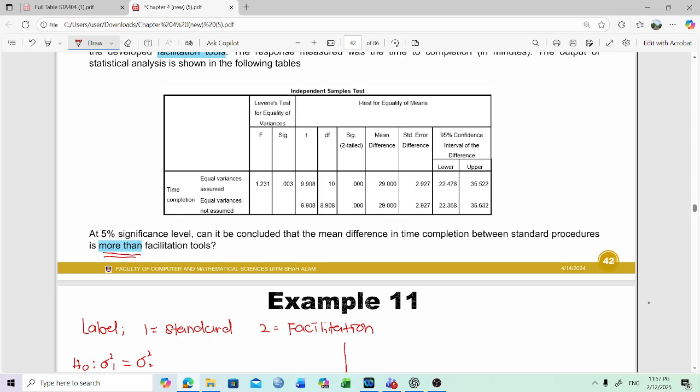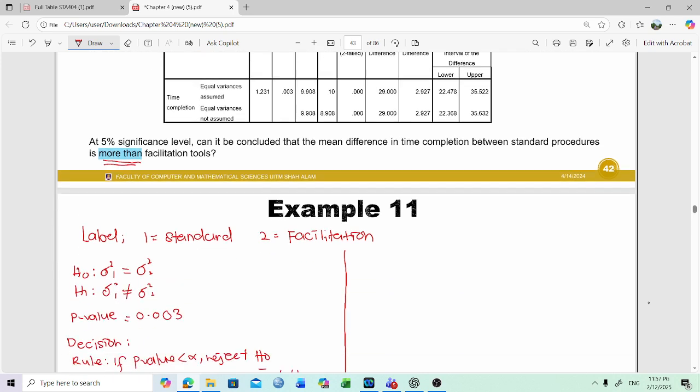So of course, we need to start with the hypothesis testing. So first step is hypothesis testing. You need to state the hypothesis for null and alternative. Just now, what you did here is the Levene's test. Levene's test is whether you want to know whether the variances are equal or unequal.